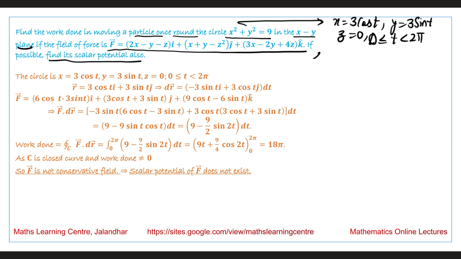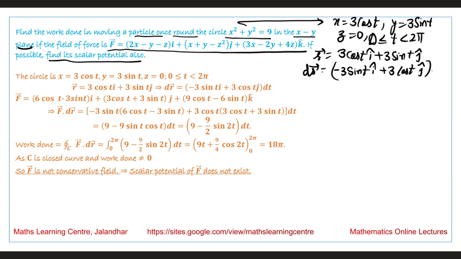So the value of r is 3 cos t i plus 3 sin t j. So the value of dr is equal to (−3 sin t i + 3 cos t j) dt.